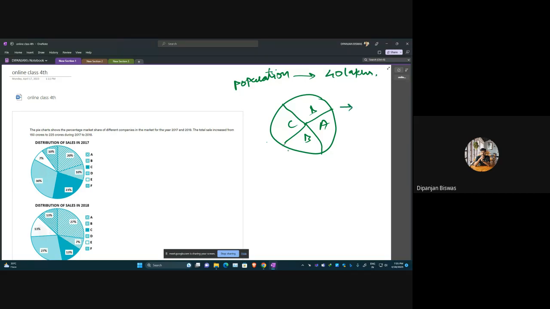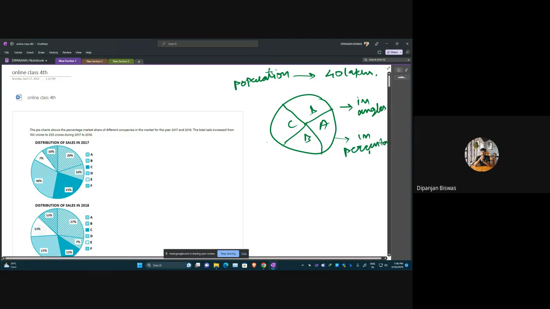One is in angles, and another is in percentage. So the summation can only be 100%. If I take the whole pie chart, 100% data is given, and it is equivalent to how much angle? 360 degrees. That is what a circle constitutes at the center.